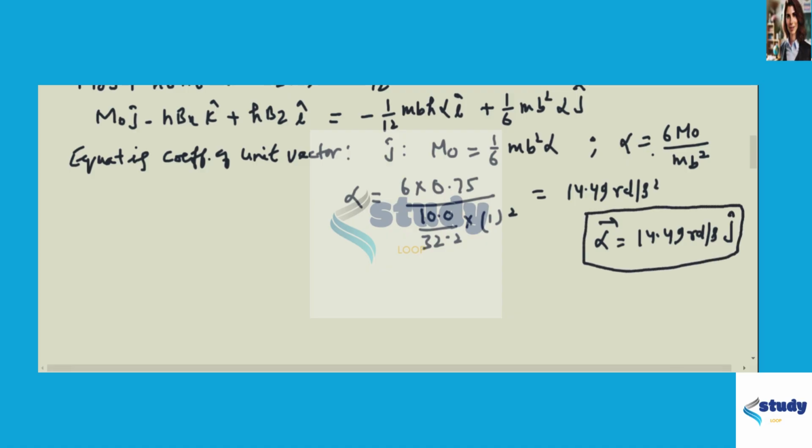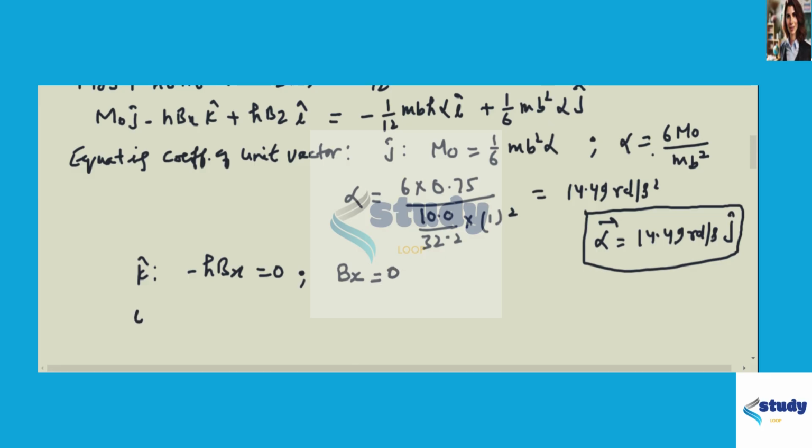Now we are going to solve B part. In continuation, if we find the coefficient of unit vector k cap, minus h Bx is 0, that means dynamic reaction x component is 0.